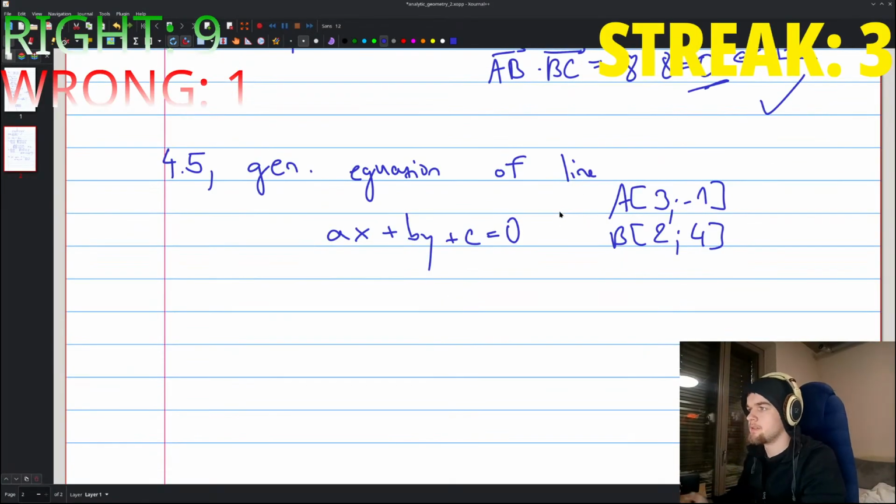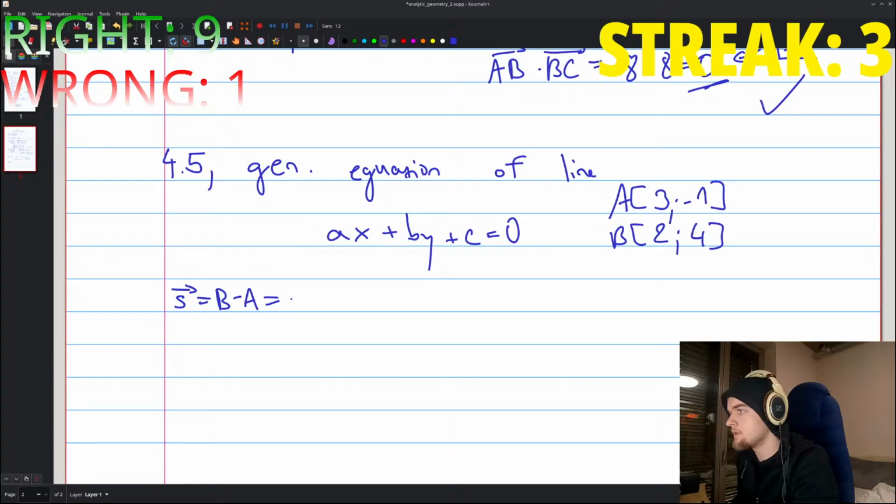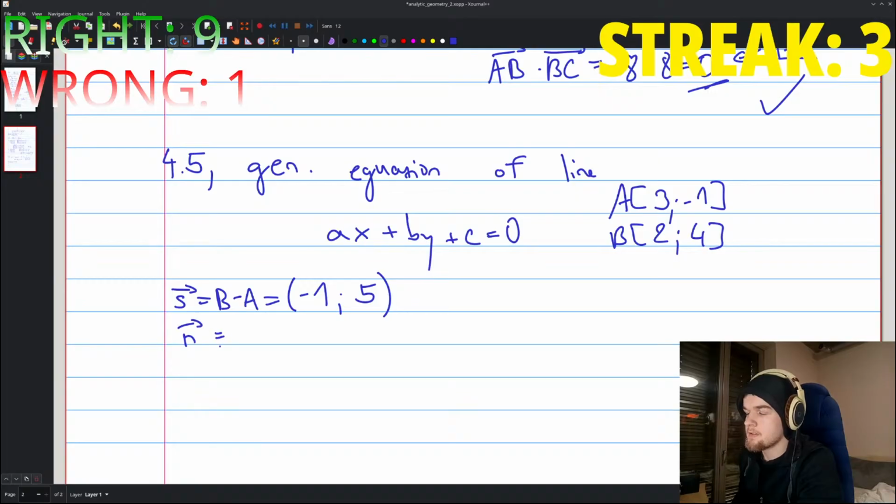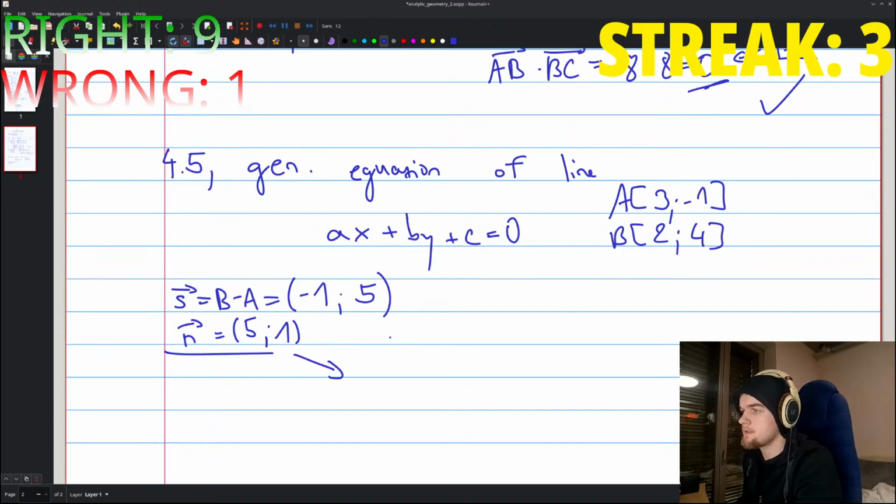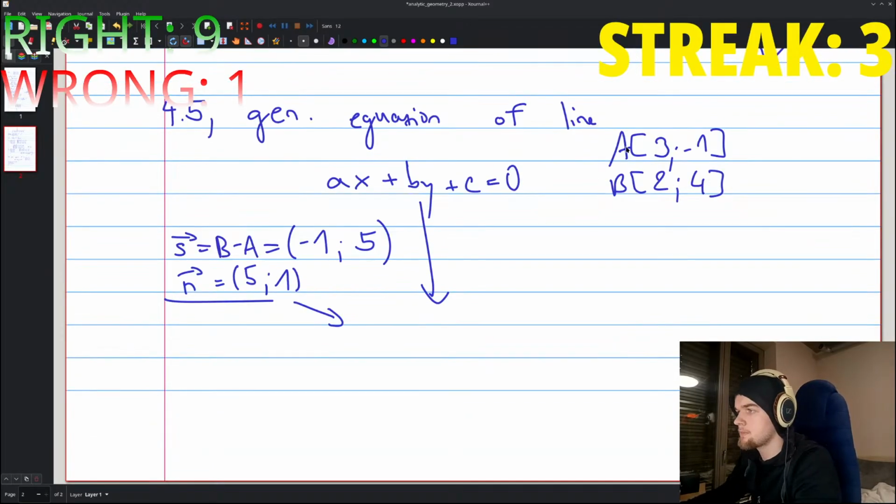I'll do it by the normalized route, so let's say this is b minus a, which is 2 minus 3 is minus 1, 4 minus minus 1 is 5. Sorry. Normalized vector is then 5, 1. And now we just take this and input it here.